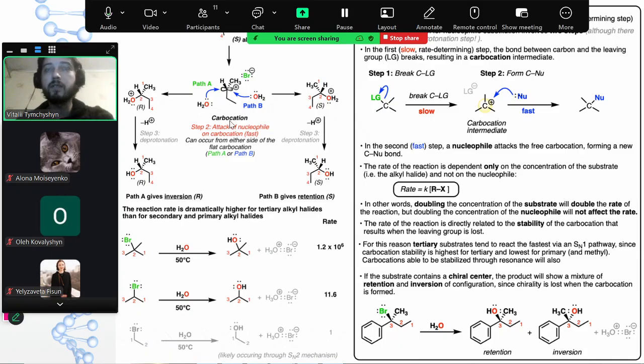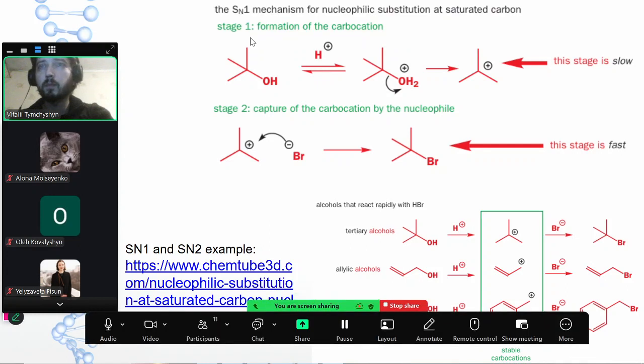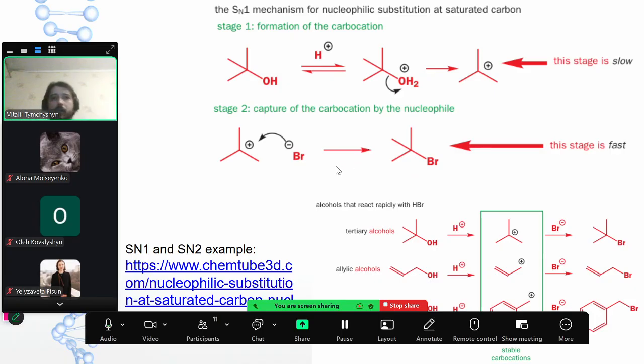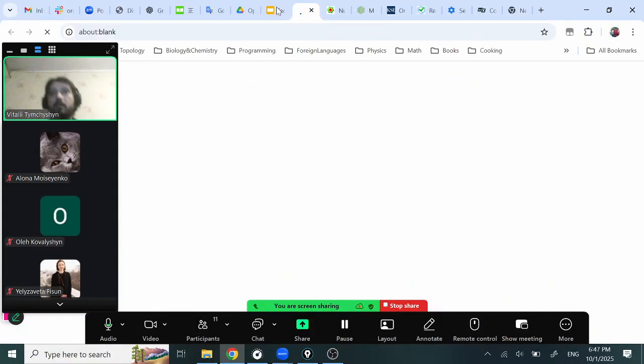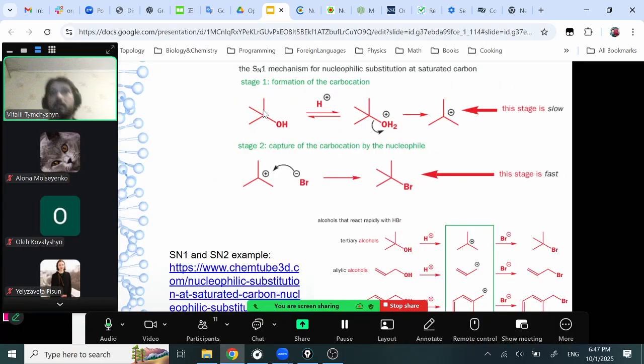Stereospecificity, or I have some better slide here. Comparison of SN1 and SN2. Okay, let's immediately compare that to the SN2 reaction. That will be great, and then I'll tell you about the stereospecificity.